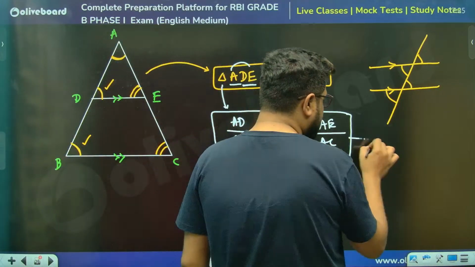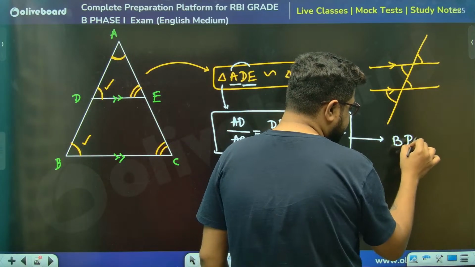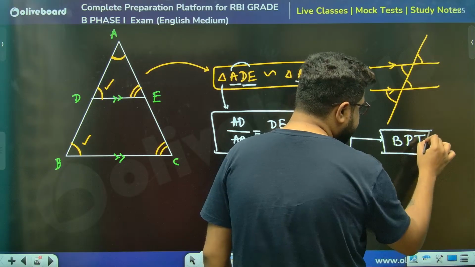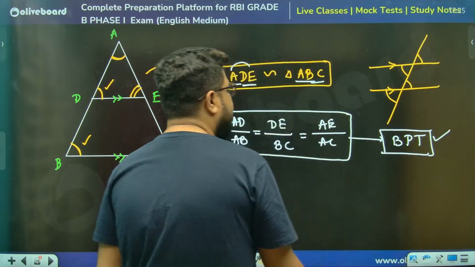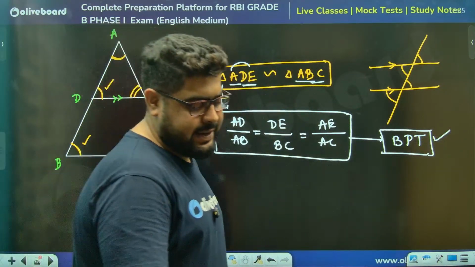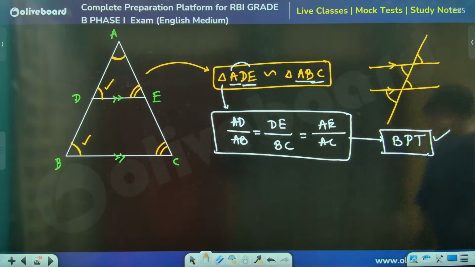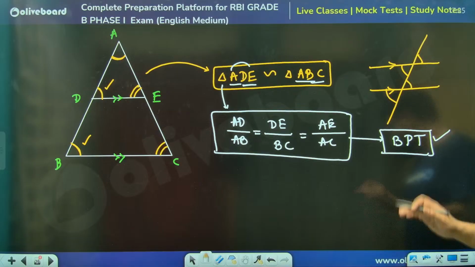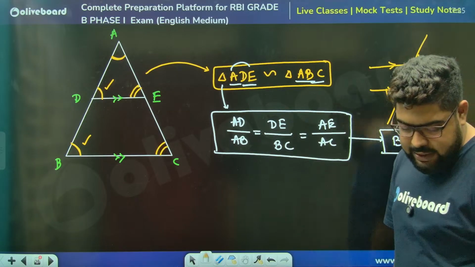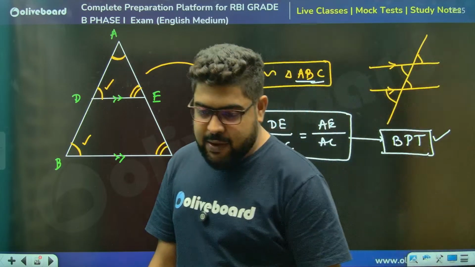And this is called BPT, the basic proportionality theorem, or some may call it Thales's theorem as well. So whichever you prefer, you can call it that. Okay?